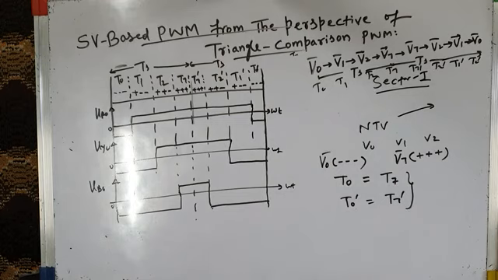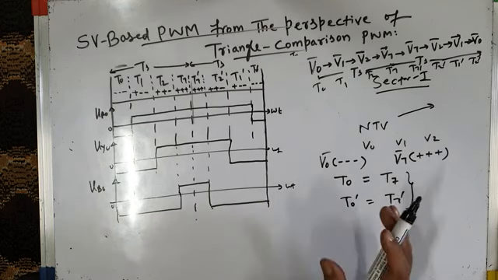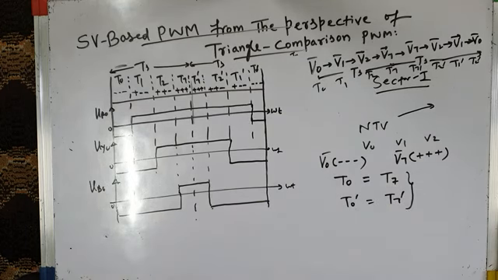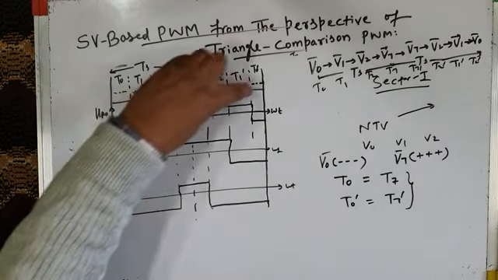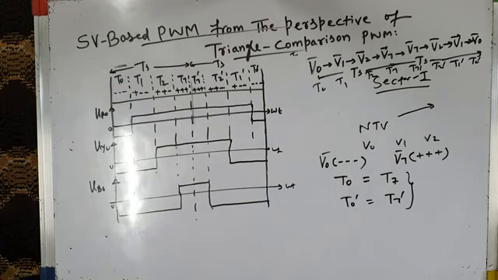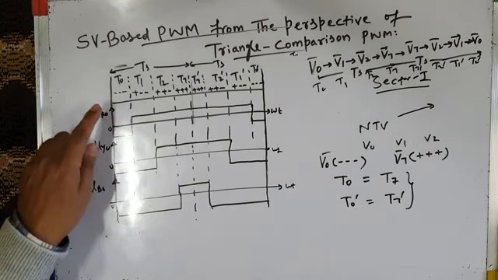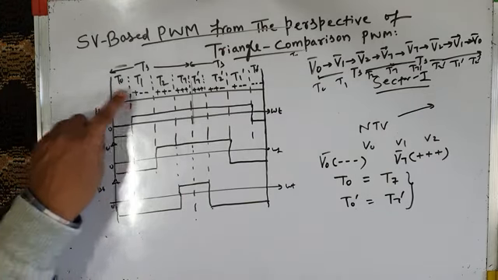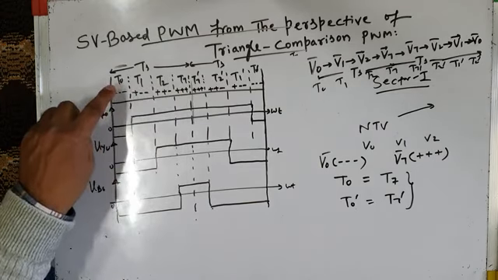If our modulating reference waves are not sine waves but some other waves. If you generate a common mode signal and add it to the three sinusoidal modulating waves, then your three modulating waves get modified, and those modified modulating waves, when compared with a high frequency triangular carrier wave, will produce the same switching sequence, the same type of pole voltages, and simultaneously will make the time intervals for null vectors equal.